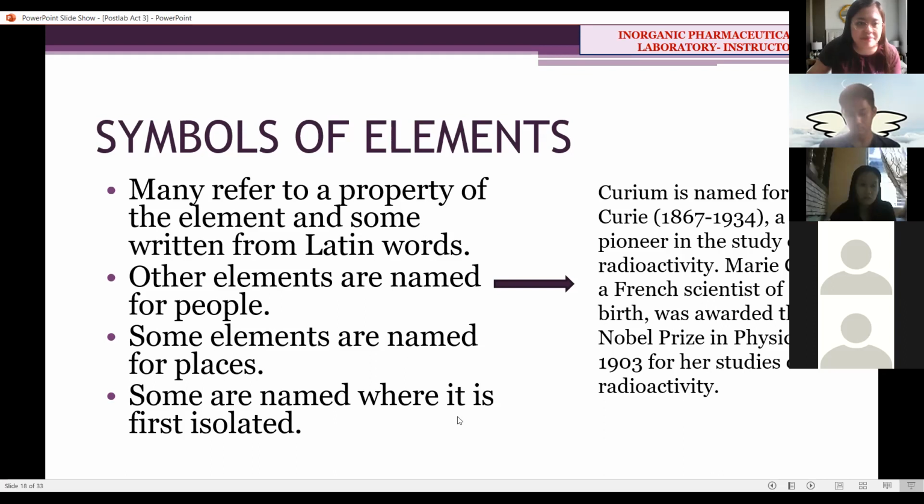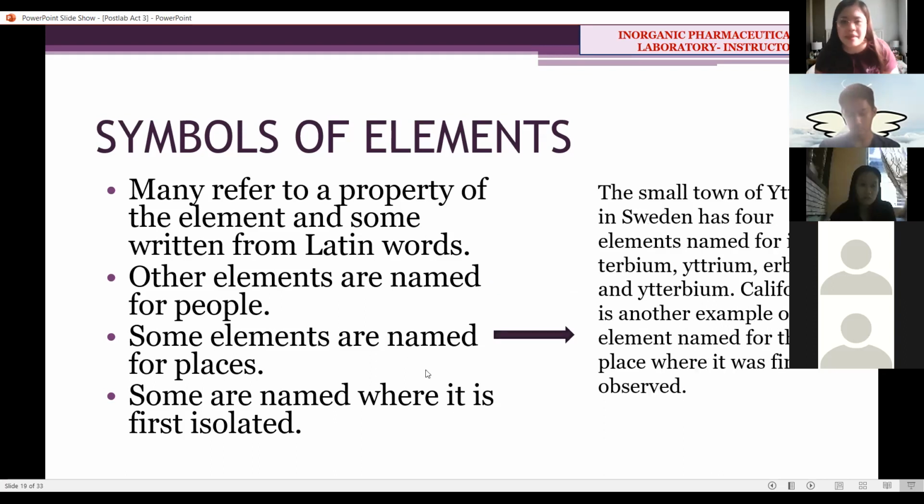That's another one. And then some elements are also named for places. So pwede sa place kung asa sila na-discover. So example, we have a small town in Sweden, sa country nga Sweden, na siya small town called Ytterby. It's a small town, but take note, we have 3 elements in the periodic table named after that small town. So unsa to na mga elements sa periodic table? We have the terbium, yttrium, baliktad.